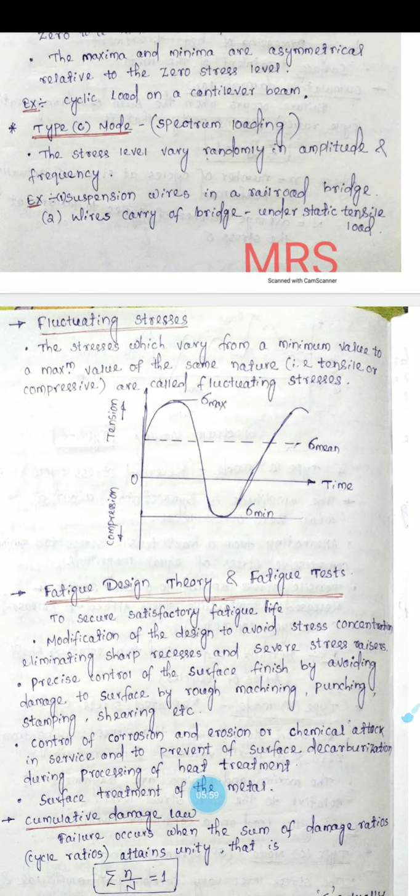This diagram is known as completely reverse. This is your sigma max and this point is your sigma mean. This is sigma v, and this is sigma v. This side is tensile, this side is compressive. This is a completely reverse cycle, and here the mean stress is 0.